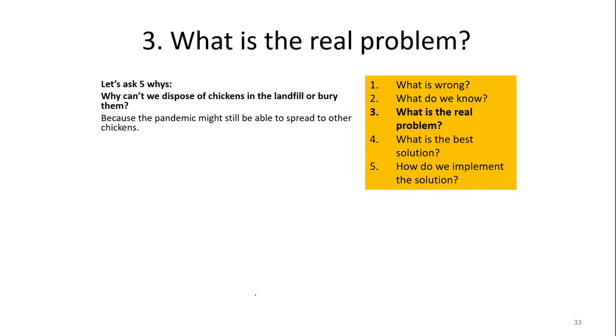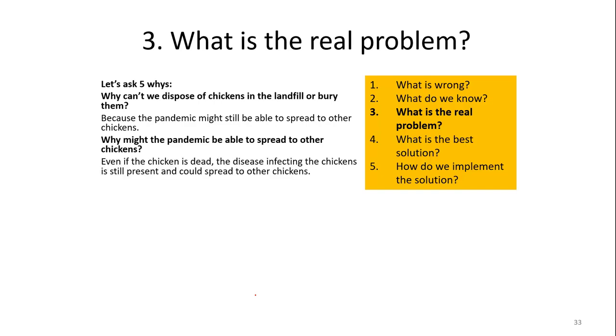Okay, well, why might the pandemic still be able to spread? Well, even if the chicken is dead, the disease infecting the chickens is still present. And maybe it could still spread to the other chickens. Okay, then why could the disease still spread?